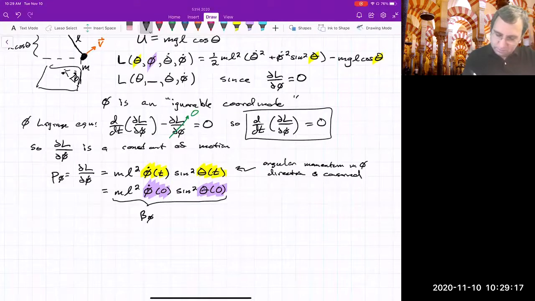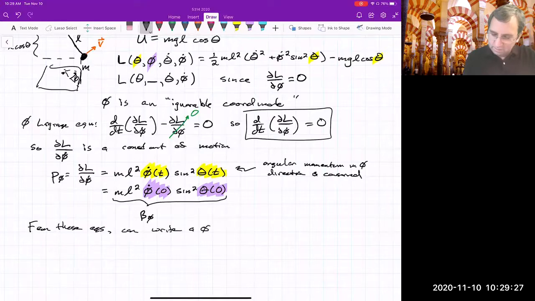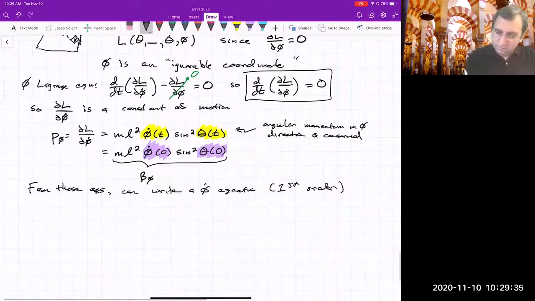So from these equations, we can write a phi dot equation, first order. So what does that mean? We're just rewriting this equality.